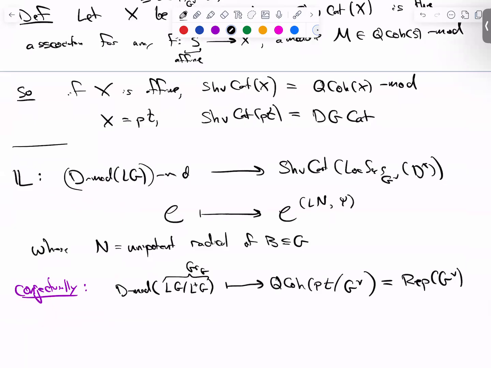Now what happens to D mod of loops G mod Iwahori, called the affine flag variety? This will map to quasi-co of Springer on G check.